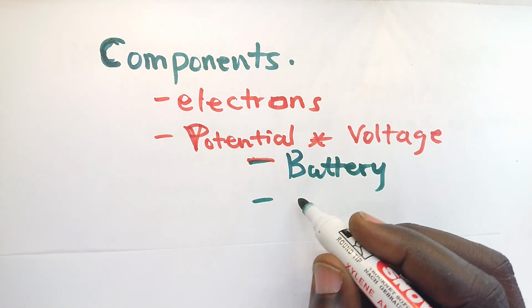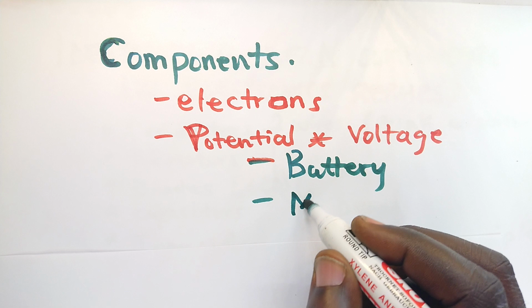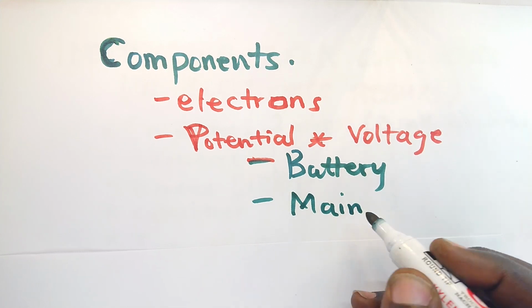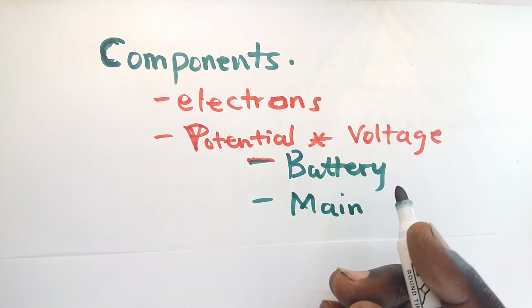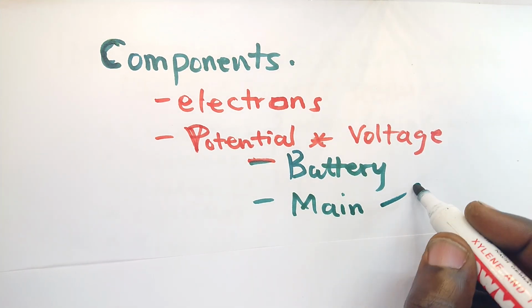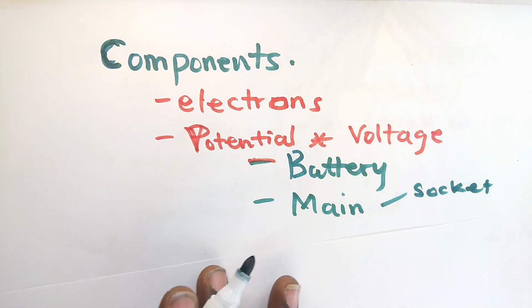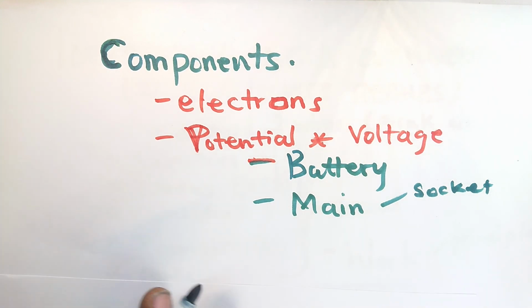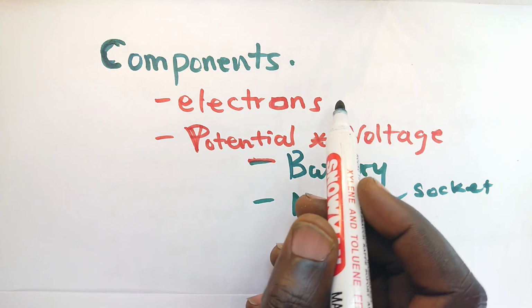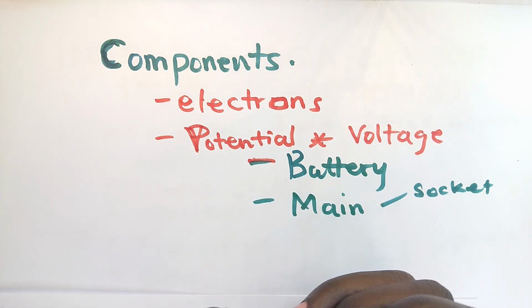It can be from your electricity mains, that's like your power grid, from your socket. Yeah, so those are like sources of the energy that causes this electron to flow.